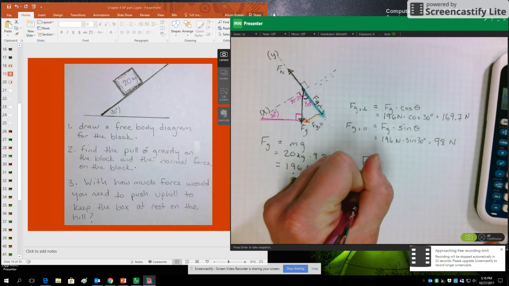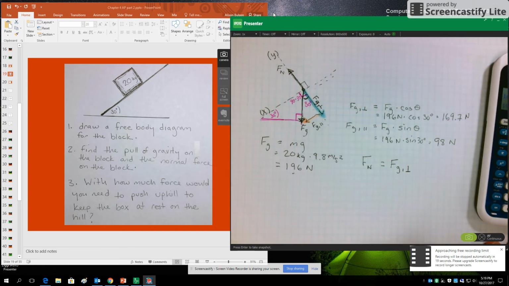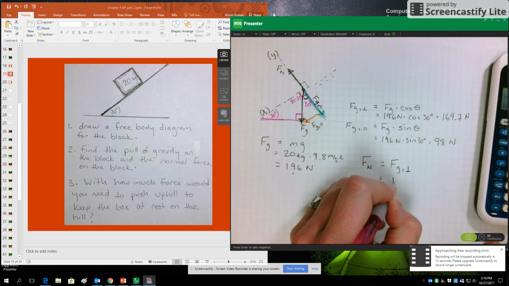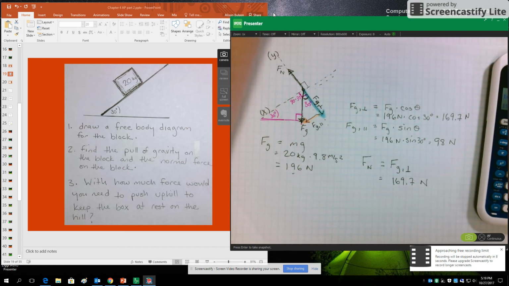So the normal force, Fn, must be in balance with the perpendicular component of the pull of gravity, because we expect it to not accelerate in this direction. So Fn is equal to 169.7 newtons. I'm about to run out of time, so we'll have to continue this in the next video.